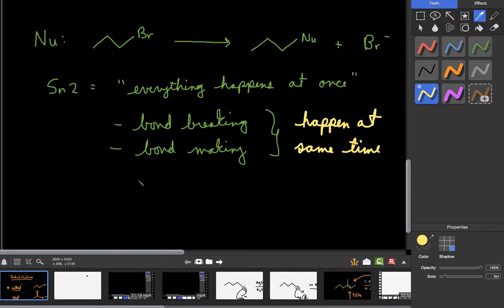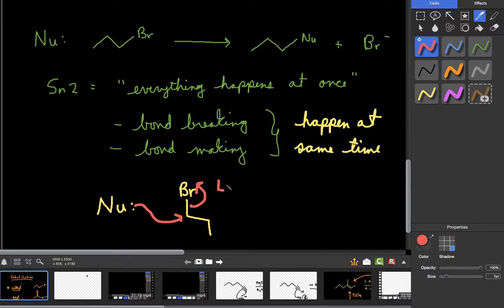So if we were to look at a mechanism, an arrow pushing mechanism, for SN2 it's very simple to draw these arrows. As this process is occurring, this process is occurring.